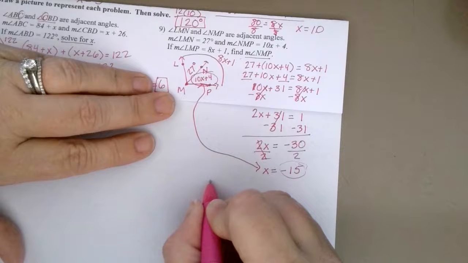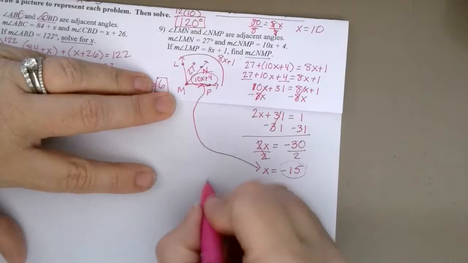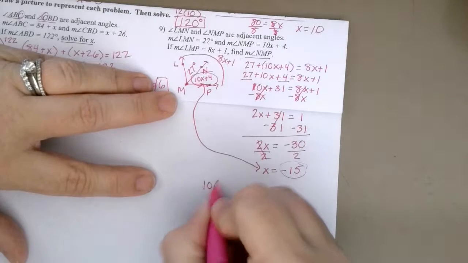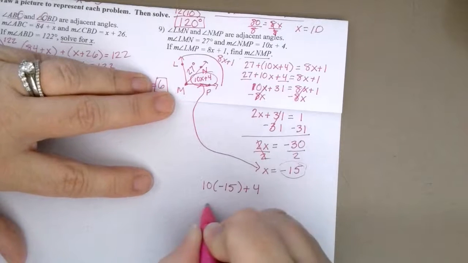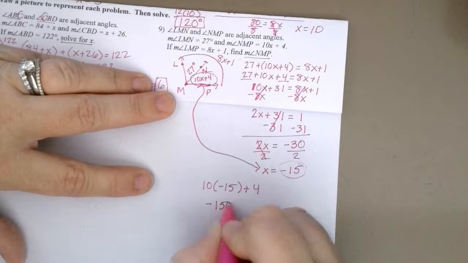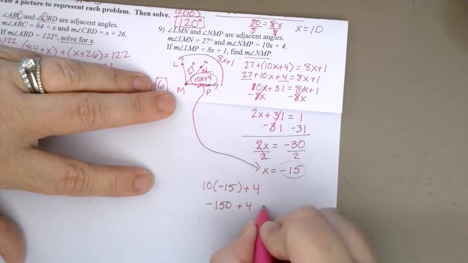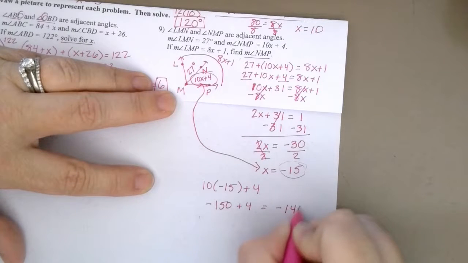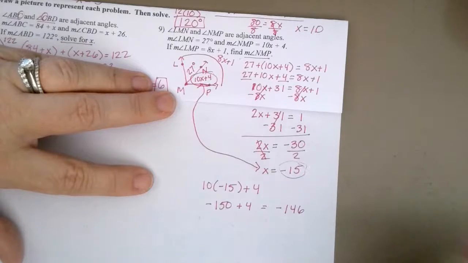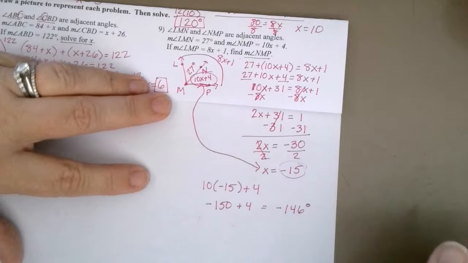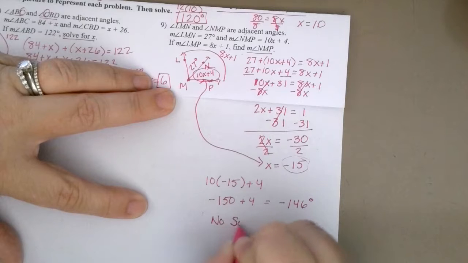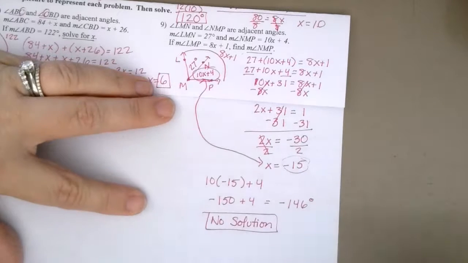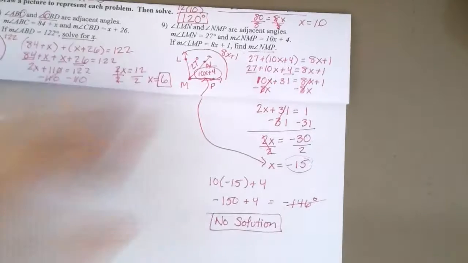So let's see. 10 times negative 15 plus 4. What is 10 times negative 15? Negative 150. That gives me negative 146. That doesn't make a whole lot of sense, does it? I can't have a negative degrees. So I would call this one no solution, because we can't end up with a negative degree measure.